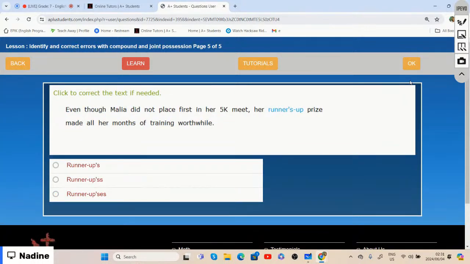All right. So even though Malia did not place first in a 5K meet, her runner-up prize made all her months of training worthwhile. So her runner-up prize made all the training worth it.